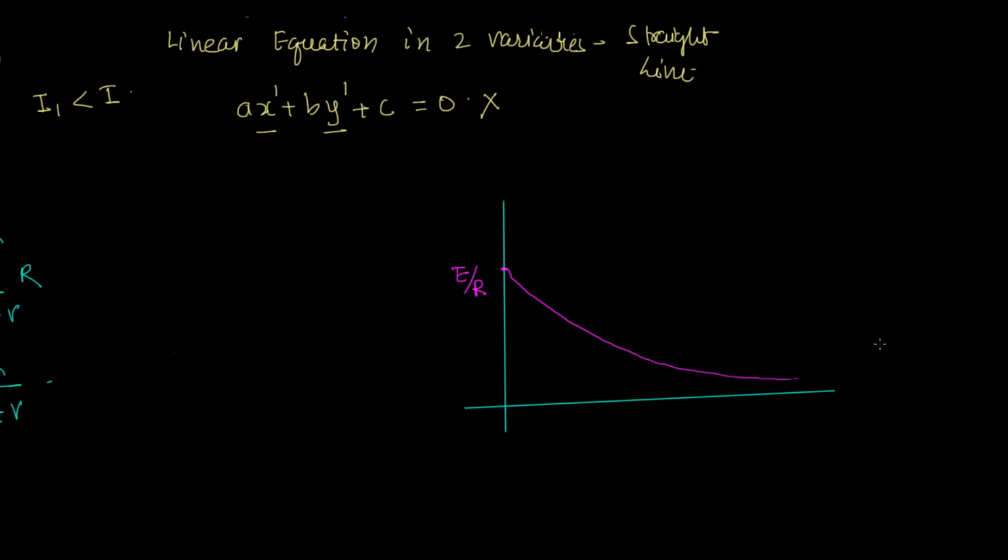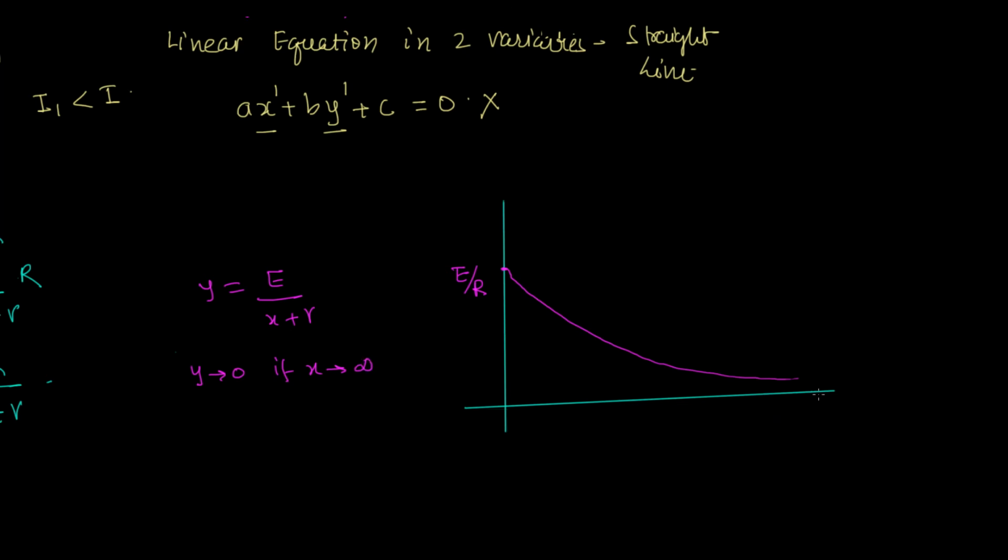I cannot keep on stretching it because it never cuts the x-axis in the finite region that is available to you. How do you figure that? We have the equation y is equal to e upon x plus r, and we know that y tends to 0 if x tends to infinity.